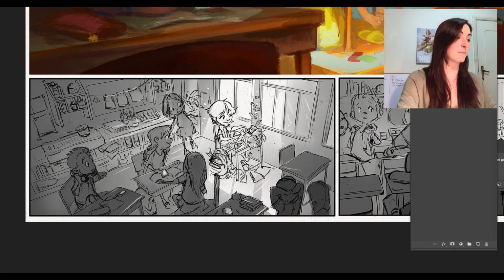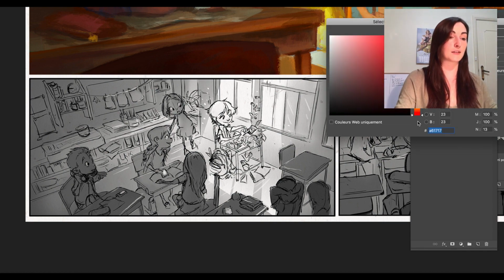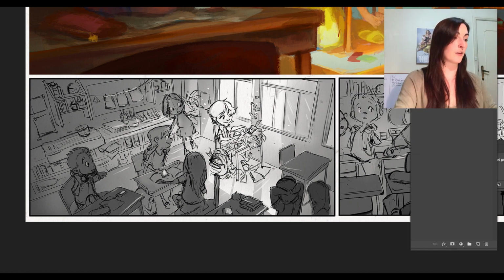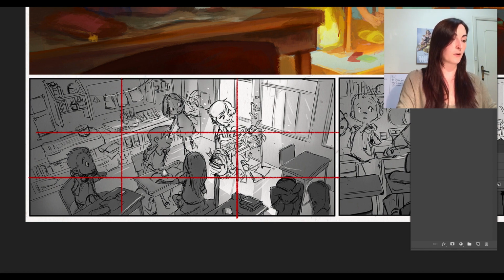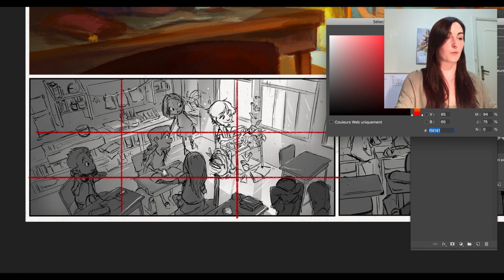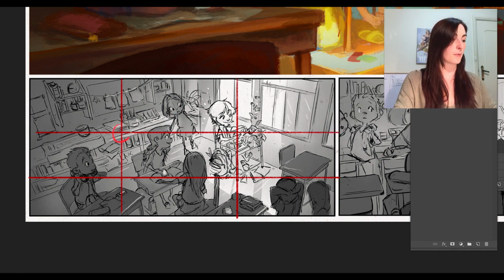I made sure that my character was settled on one of the top points. I think you're aware of that rule. Basically, you divide your piece by thirds, and you know where to find what they call the golden number, or gold number.